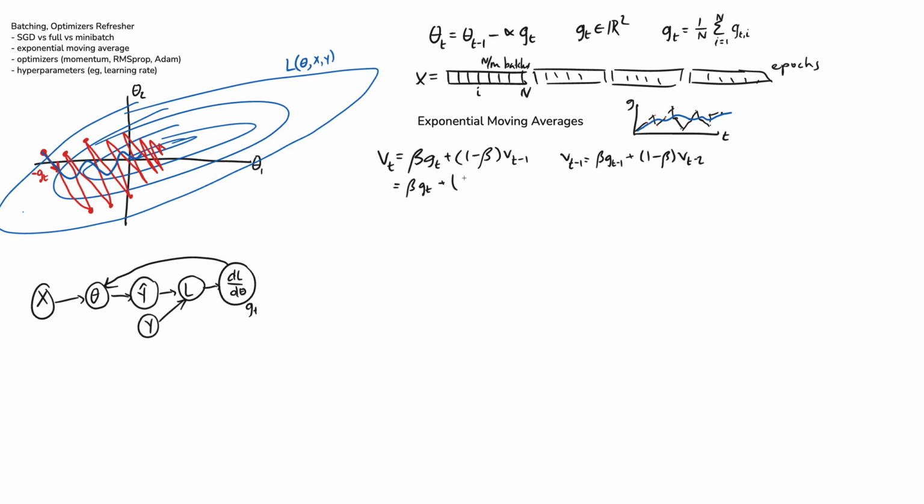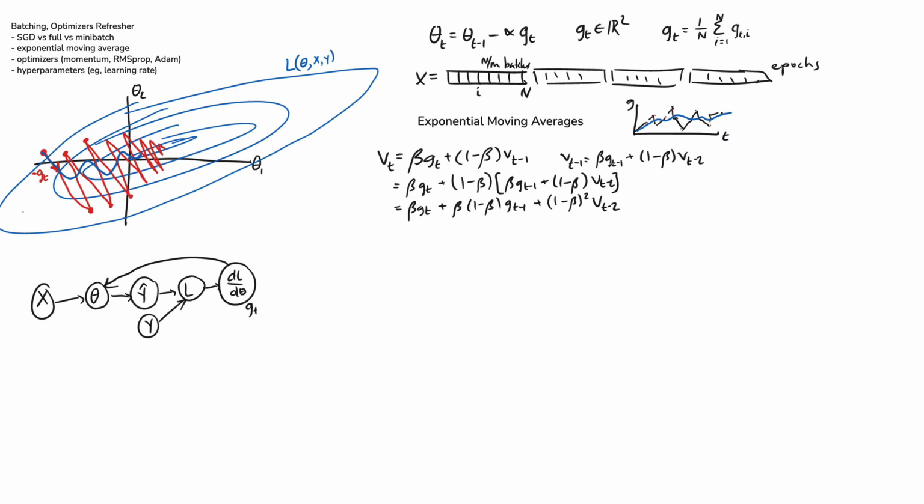It's just an expansion of this recursive series. Now let's distribute the 1 minus beta term. You start seeing some patterns emerging here, probably.